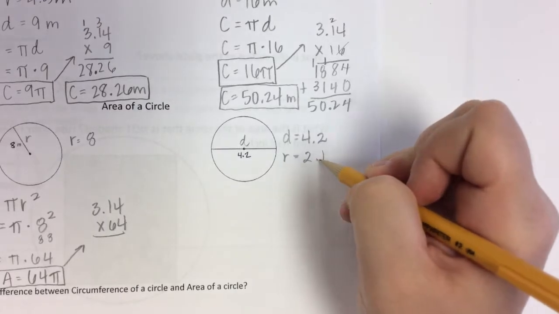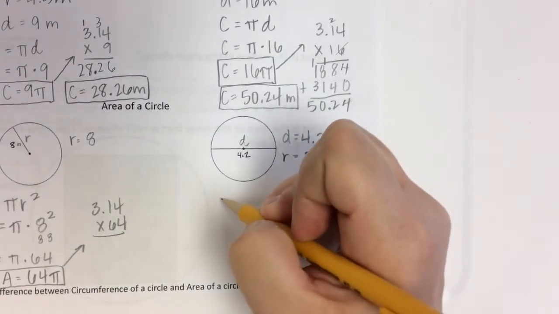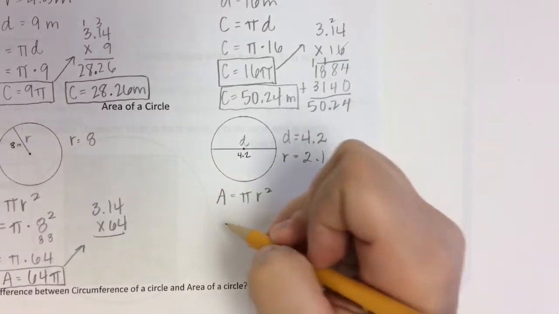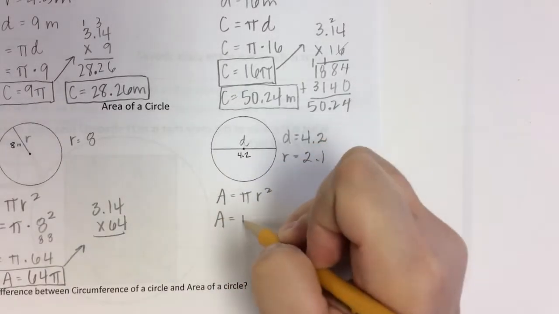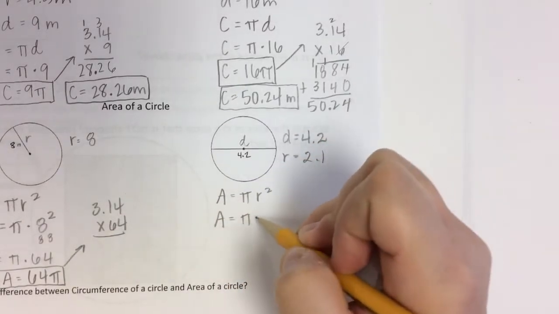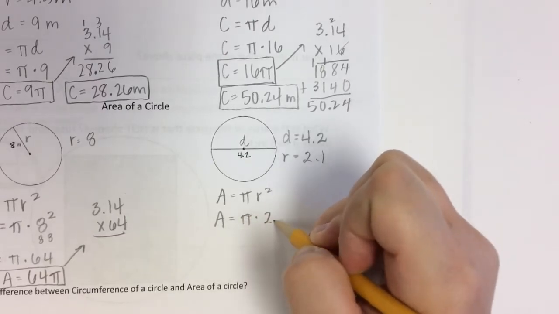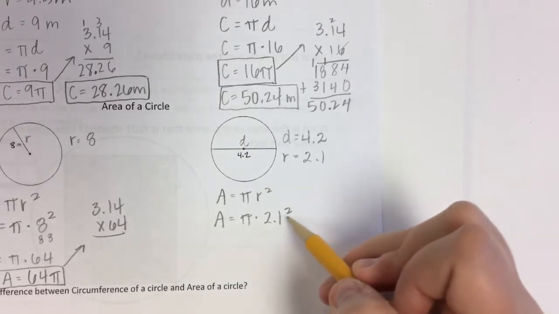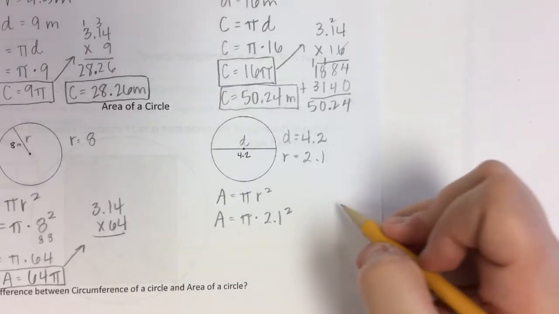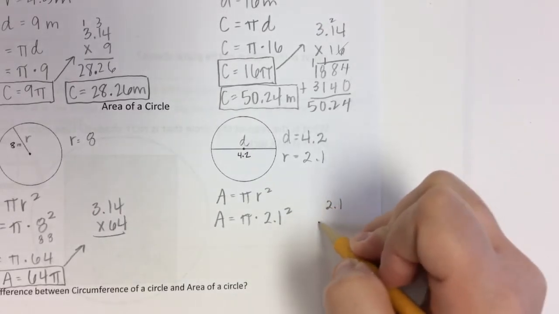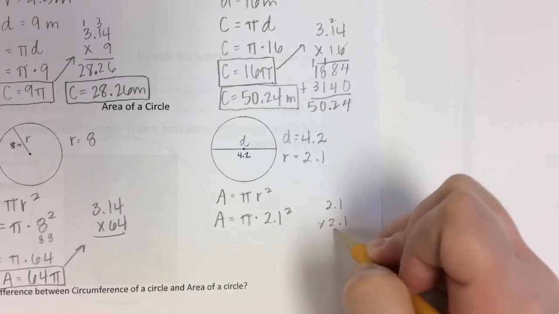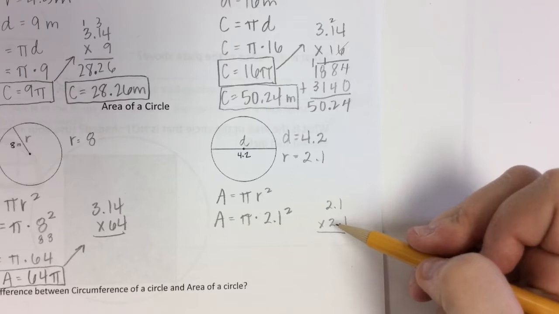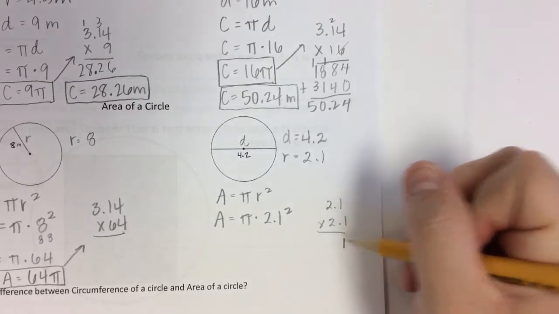And so we're going to get to plug in 2.1 to our formula. So A equals pi r squared. Plug in 2.1, so A equals pi times 2.1 squared. Again, we're going to use PEMDAS and solve these exponents first, which is just times itself. So if you'll stack 2.1 times 2.1 and solve that for me.